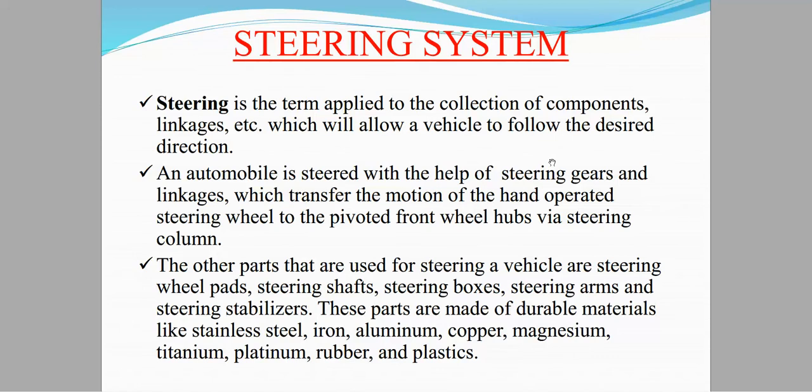The other parts that are used for steering a vehicle are steering wheel, pads, steering shaft, steering box, steering arms, and steering stabilizer. These parts are made of durable material like stainless steel, iron, aluminium, copper, magnesium, titanium, platinum, rubber, and plastic.